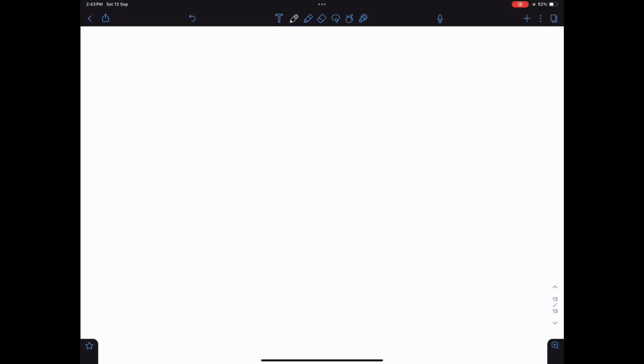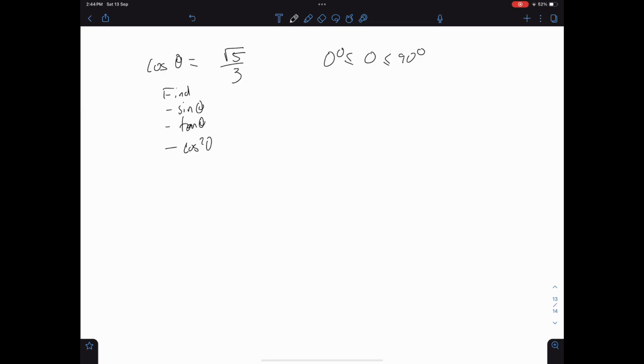So, let's consider a problem like cosine theta equals root 5 over 3, and it's acute. We need to find sine theta, tan theta, and I'll chuck in cosine squared of theta.